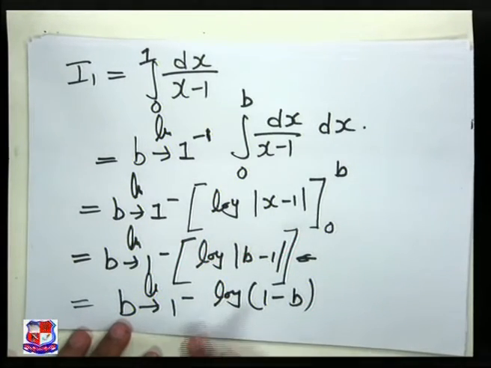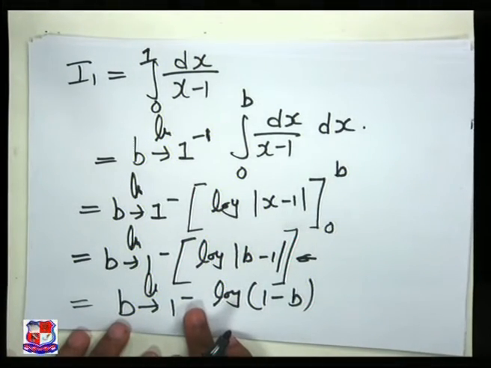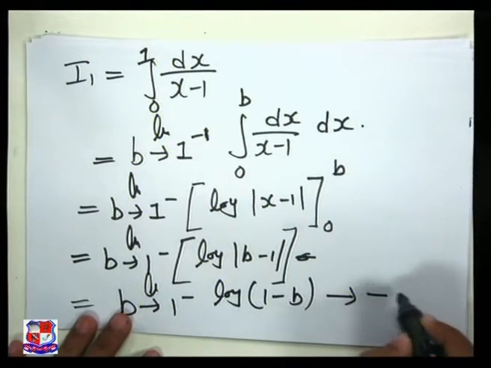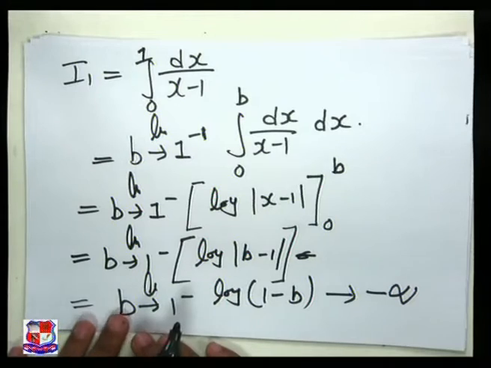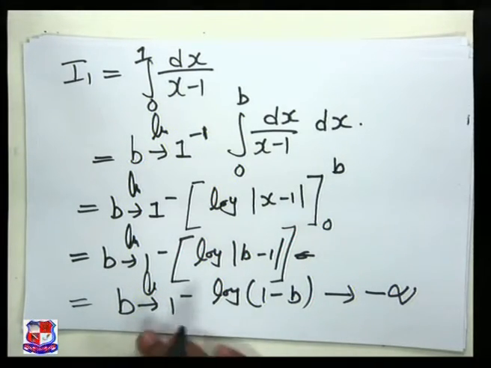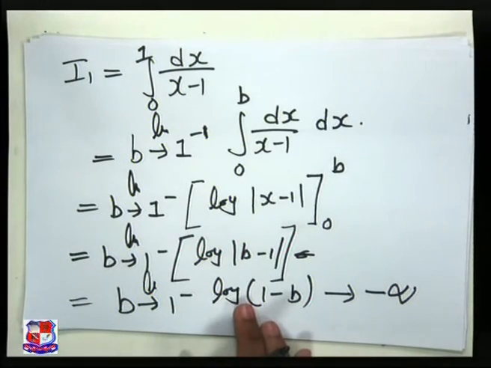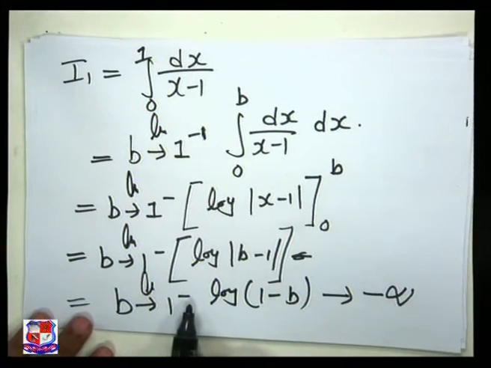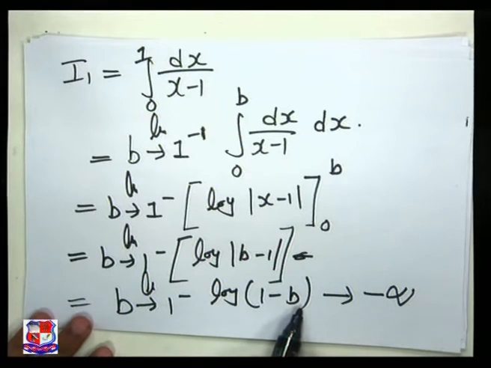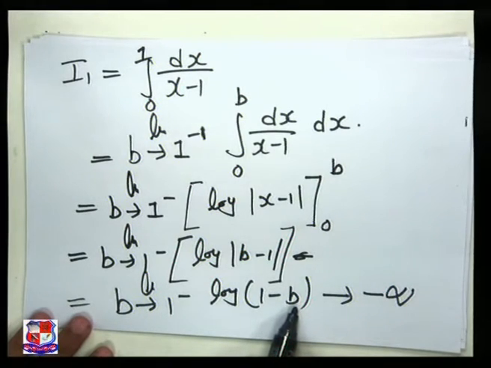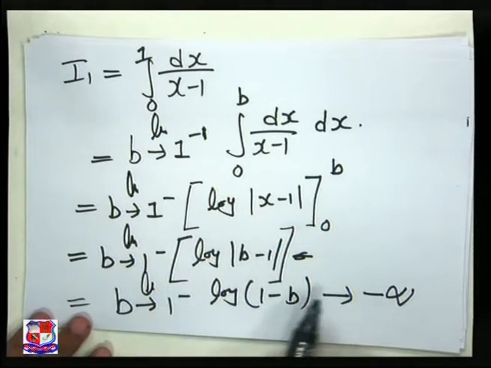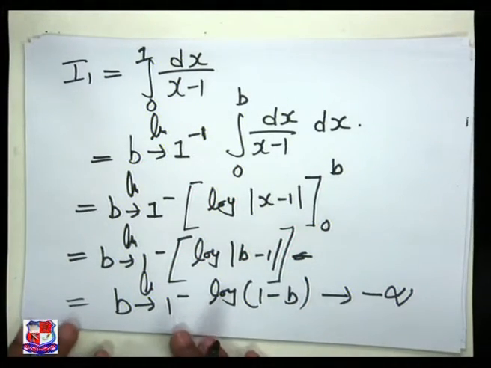And now when b tends to 1 minus, 1 minus b tends to 0 plus, and the log tends to minus infinity, and the value of this is minus infinity.